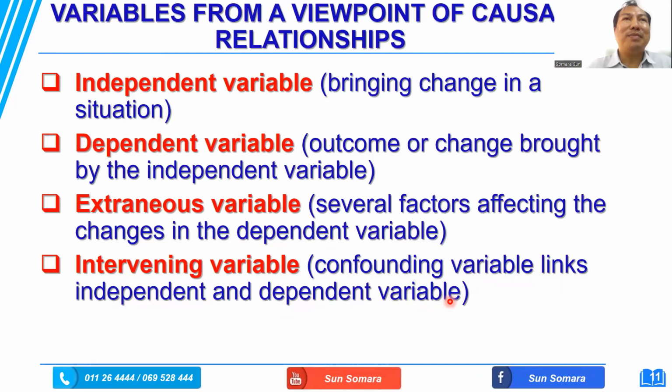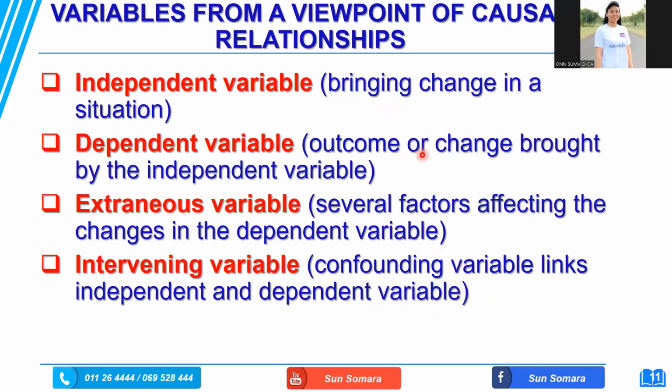It connects one to the other, but there are not several factors there. Sometimes it's just one or two. It seems like the same as the external variable, but it keeps linking between the two.